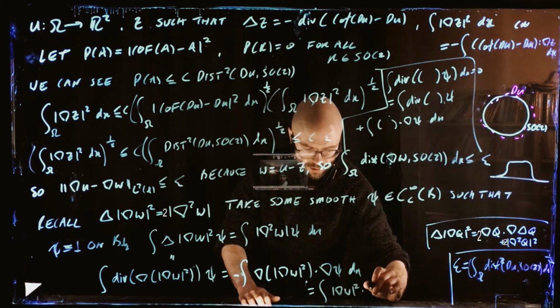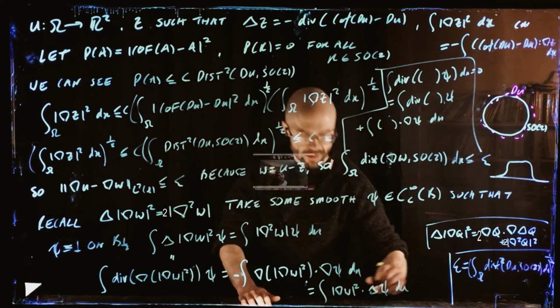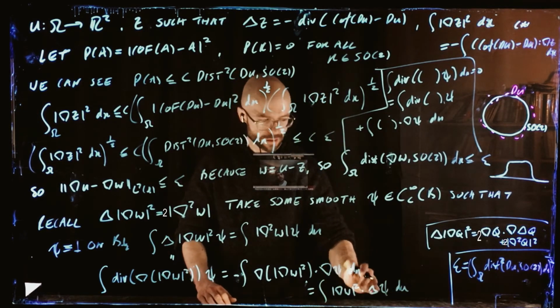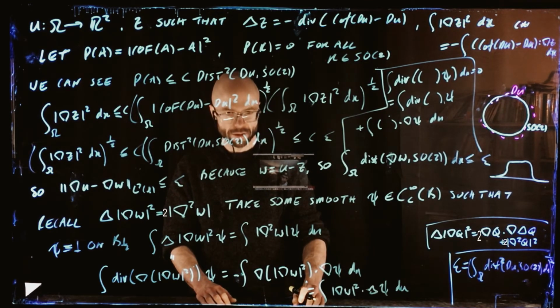And now I've got dot product gradient of this thing, dx, like this. That's right, Laplacian, because we put the other gradient on the other side, and then we have Laplacian.